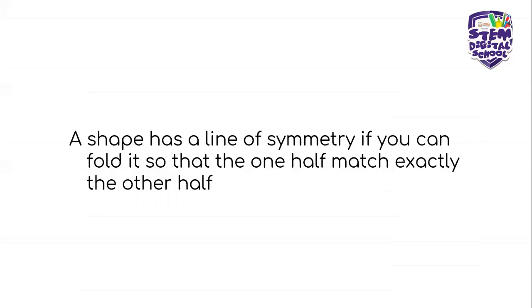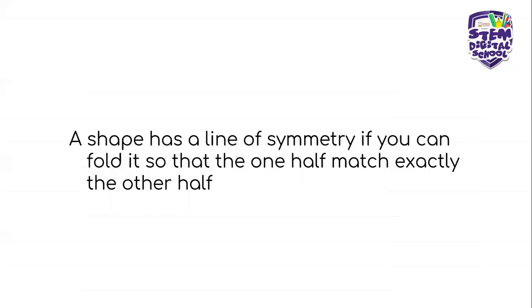So you should be able to fold it like a book. When you fold it and put it back in the drawer, the one half will be able to match exactly the other half. And that is what we mean about the line of symmetry.